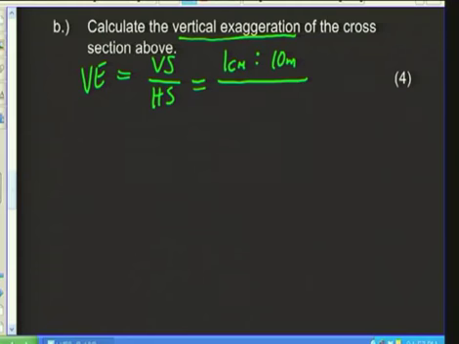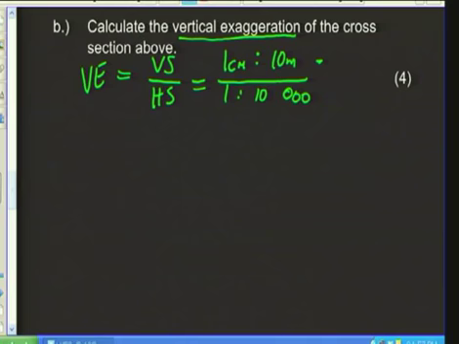And our horizontal scale was 1 is to 10,000. Again, no problem, until we look at the whole picture, and we see that at the bottom, our horizontal scale, both the 1 and the 10,000 are in the same units, no problem, but at the top we've got 1 centimeter represents 10 meters. This here is a little bit of a problem, and we want to eliminate it quickly.